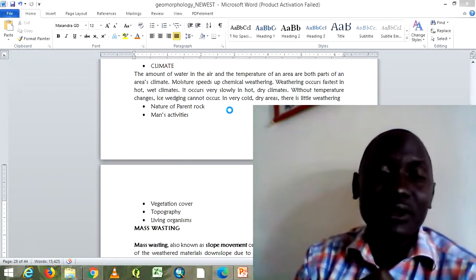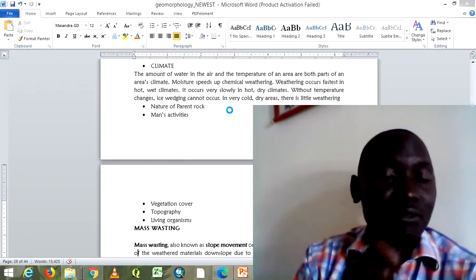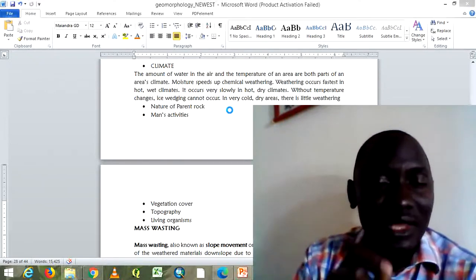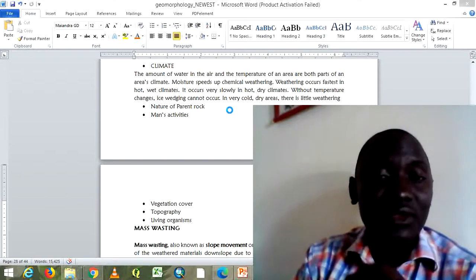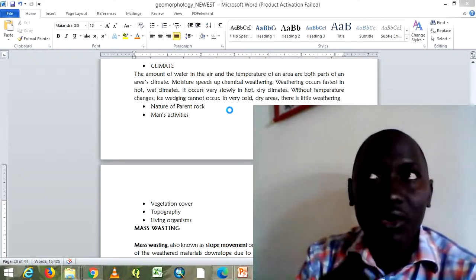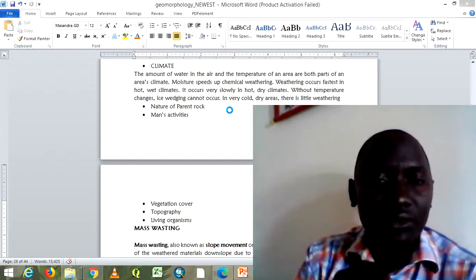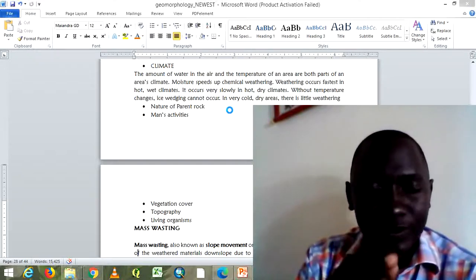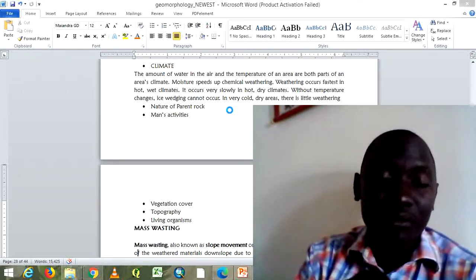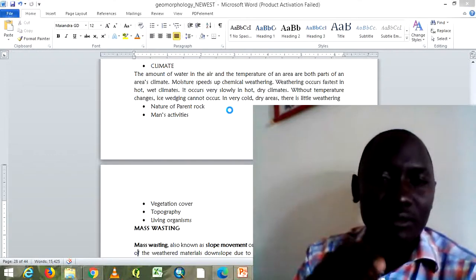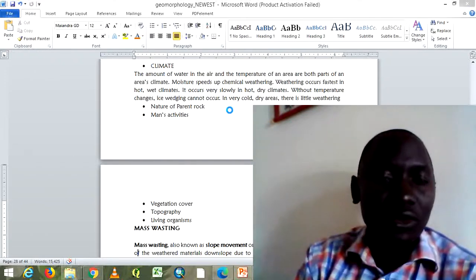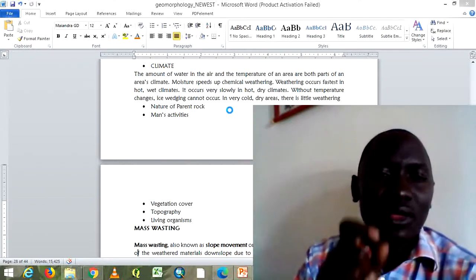For example, an Inselberg. An Inselberg results from weathering. What are the others? During the interactive session, I want you to give me all these landforms that result from weathering processes. All of them. That is homework for you. It's not assignment, but homework. You must give me the answers.